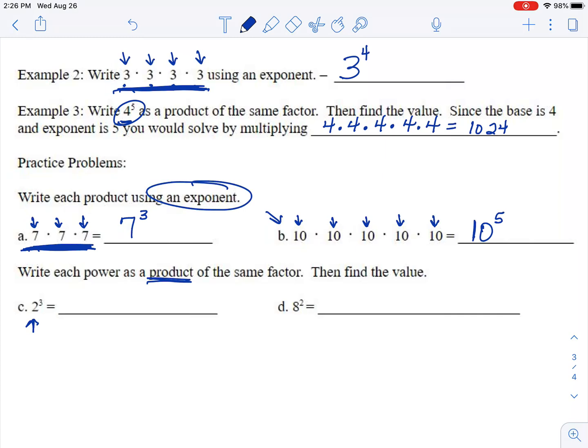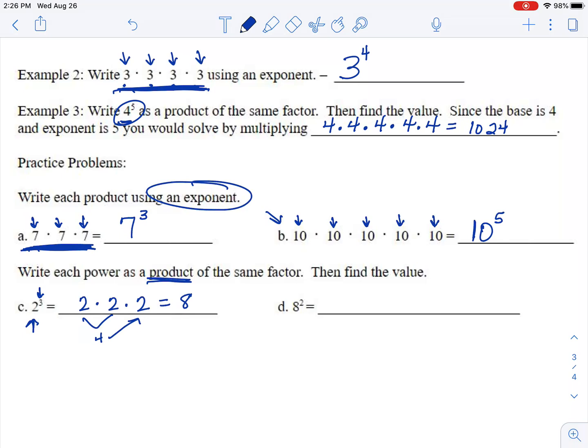How many 2's do I need? 3 of them, because that's my exponent. So it would be 2 times 2 times 2. And then put that in your calculator and see what that would equal. And that would be 8. Because 2 times 2 is 4, and then 4 times 2 is 8.